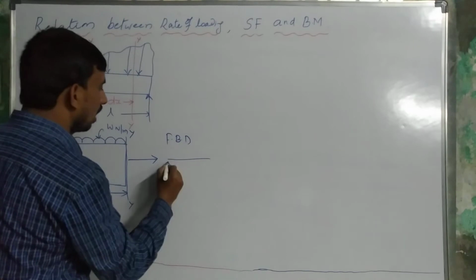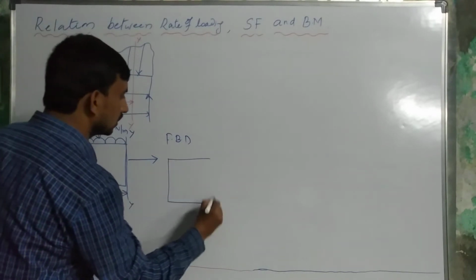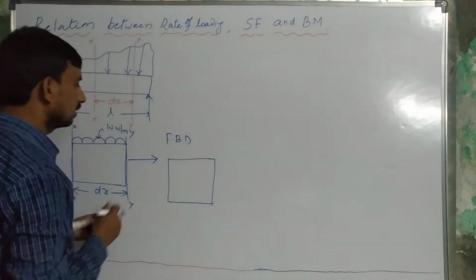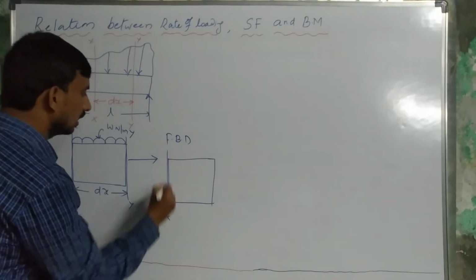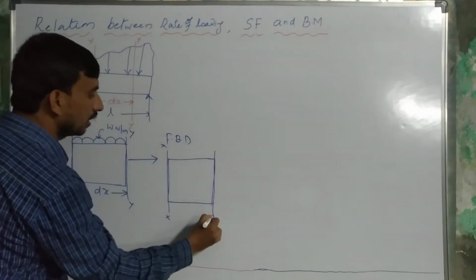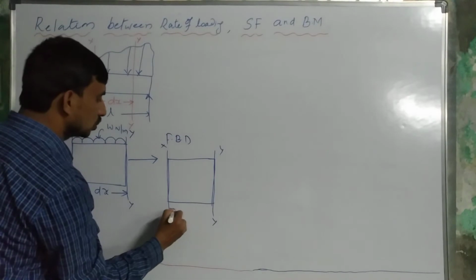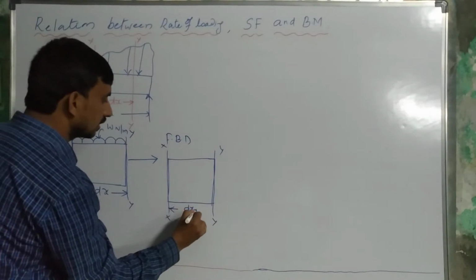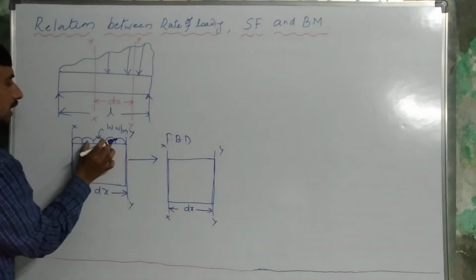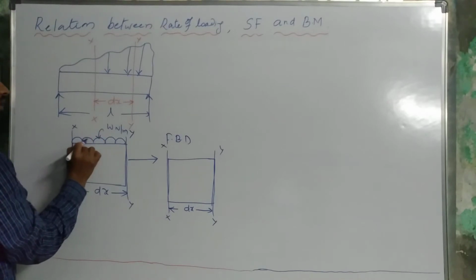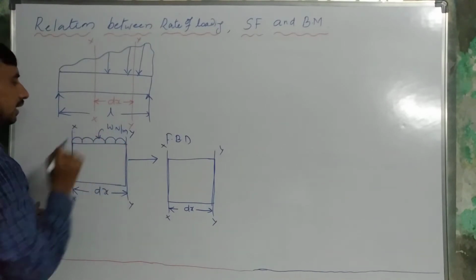So again, I will draw here the elemental portion of a beam which is having section XX here and YY here, right? And these two are a dx distance apart. Now, here a UDL of W Newton per meter is acting.